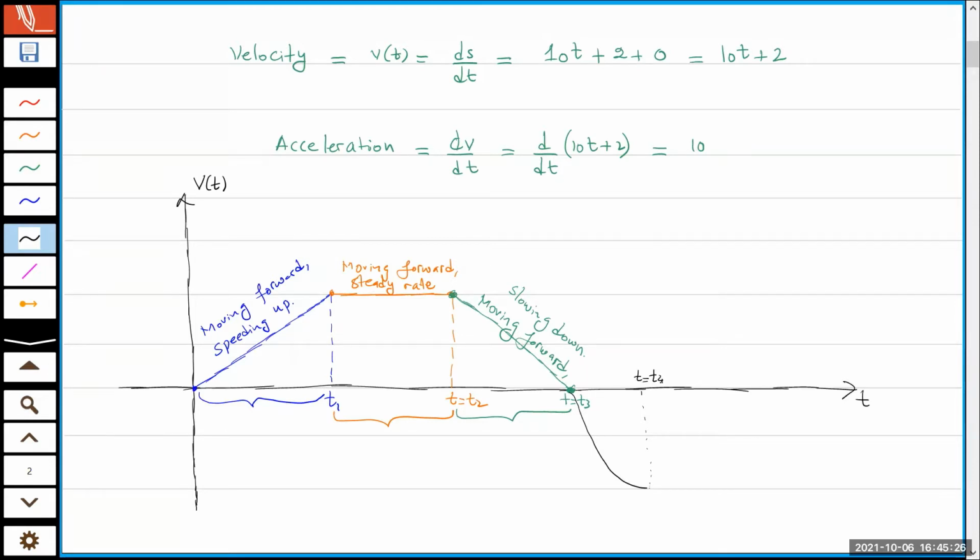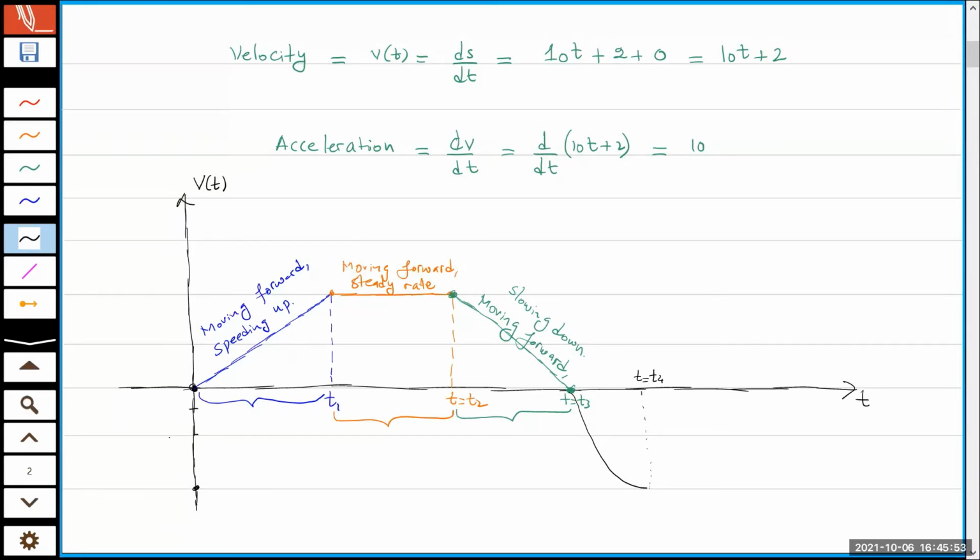Now, what is happening between t equals t3 and t equals t4 is that my velocity has gone negative. This means I'm moving backwards. But remember, I'm starting from 0 on the y-axis, and I have gone up to this value. If you take the absolute value of this, I can see that my speed is increasing because at this point, the speed is here.